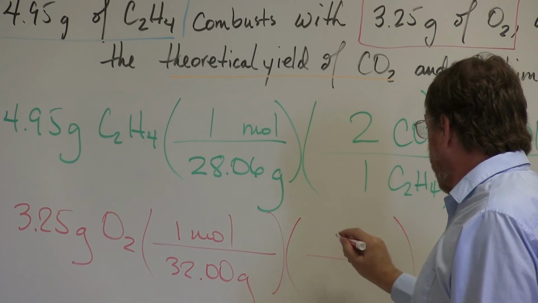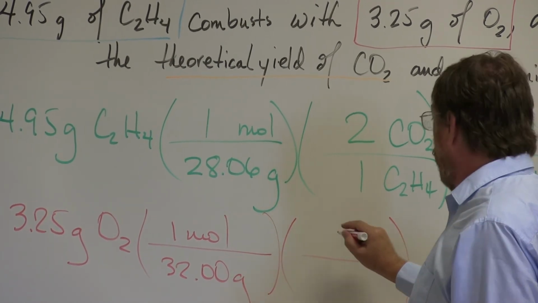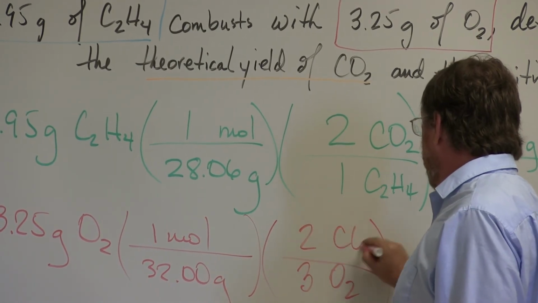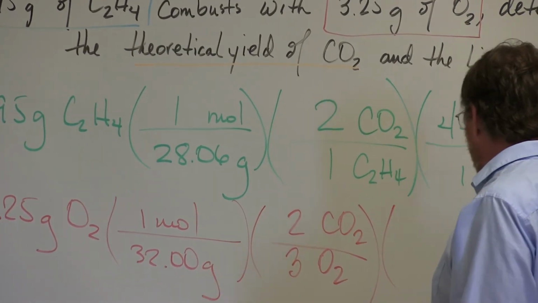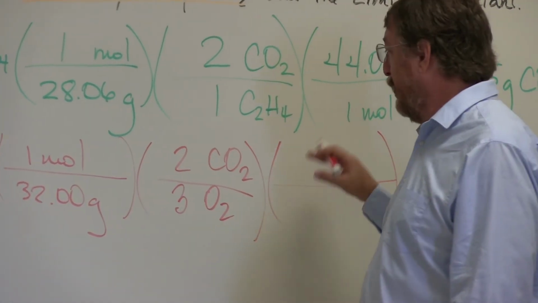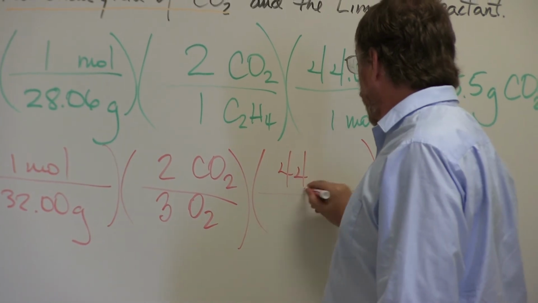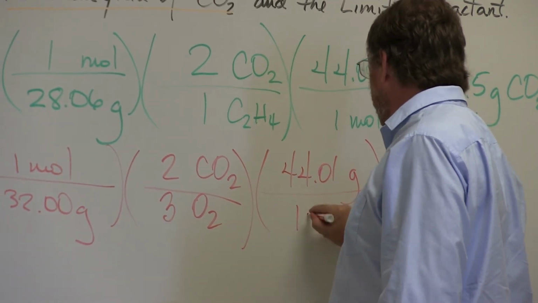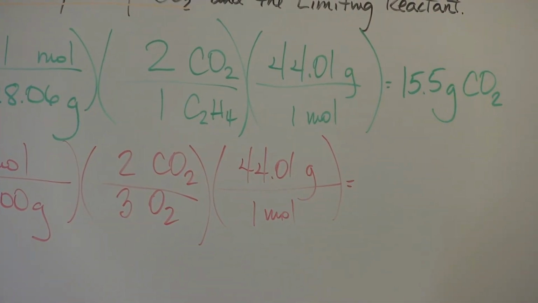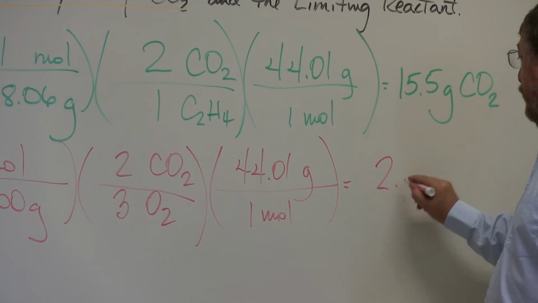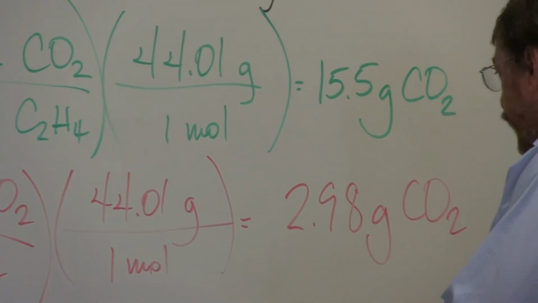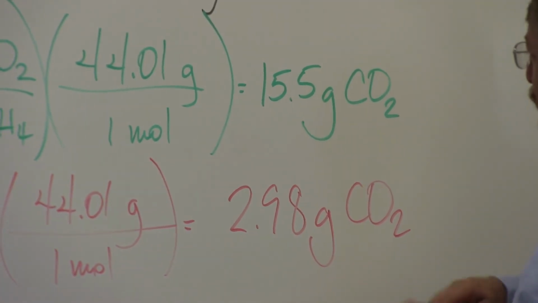So I'm going to go through and say, okay, there's 3 oxygens for every 2 CO2s. At that point, I've converted to moles of CO2. I want to calculate grams of CO2. So I'm going to go 44.01 grams per mole. Plug that through the calculator, and I'm going to get 2.98 grams of CO2.